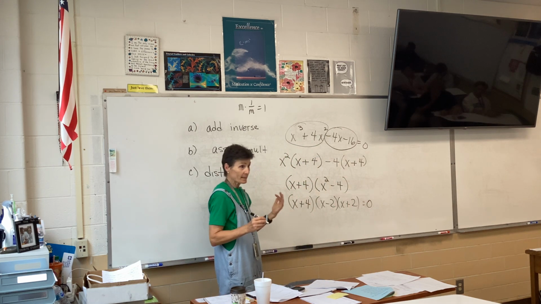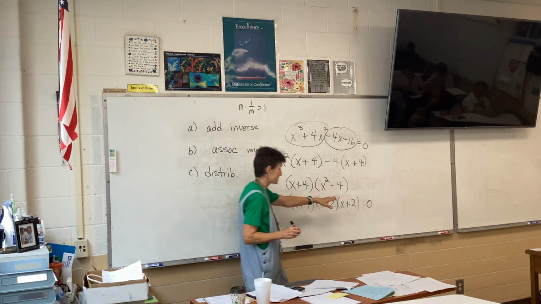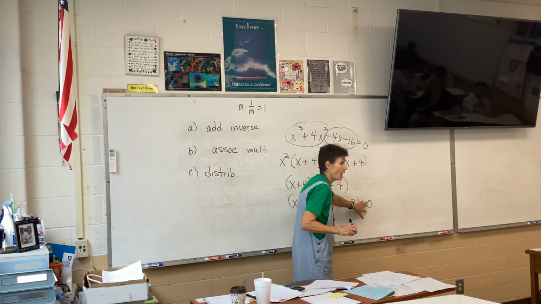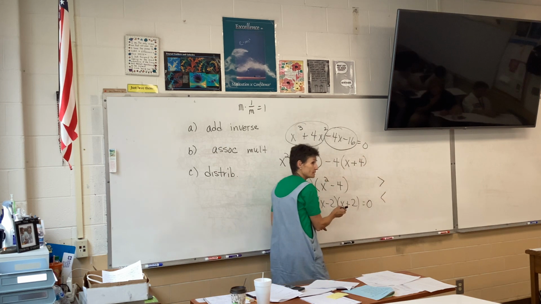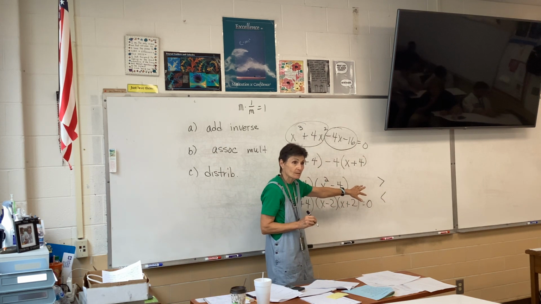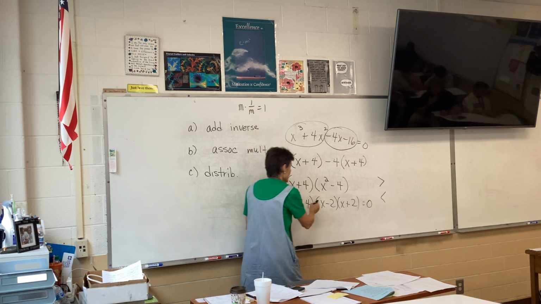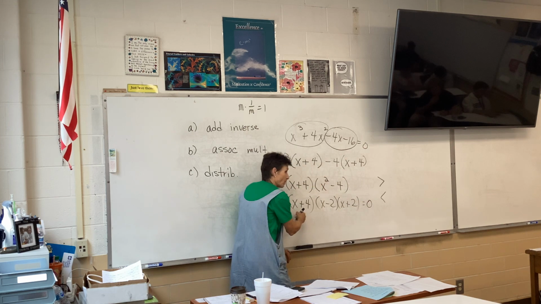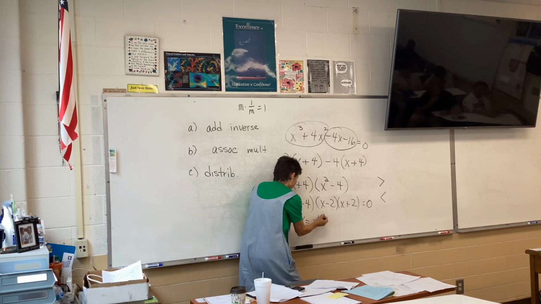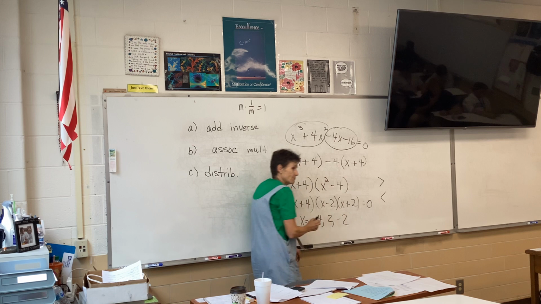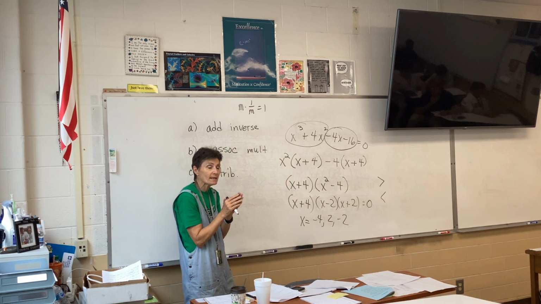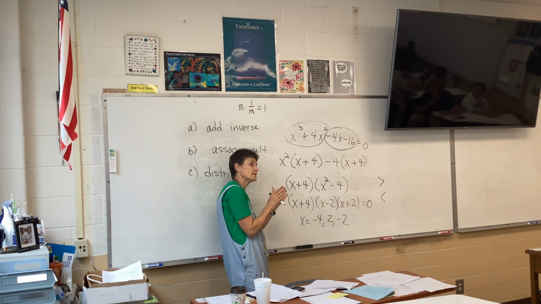Now, this is not a number line problem because this is an equals. I only draw number lines when I have these things going on, because that means shading. If these equal 0, then what are my x values? X is gonna equal negative 4, positive 2, negative 2. That's it. There's no shading, there's no parentheses and brackets.